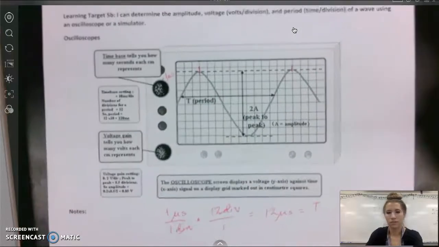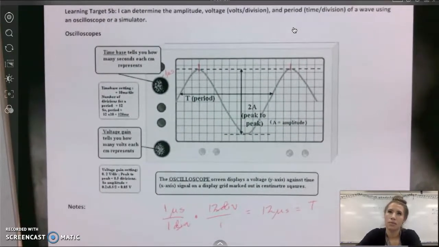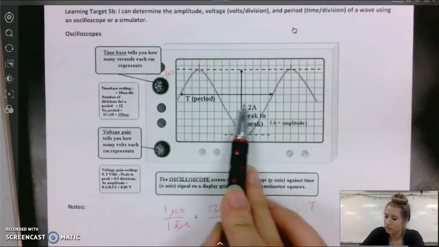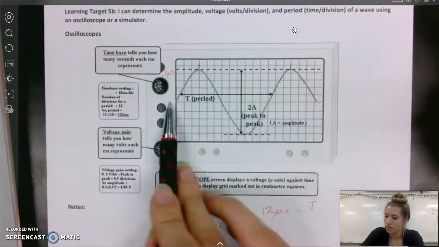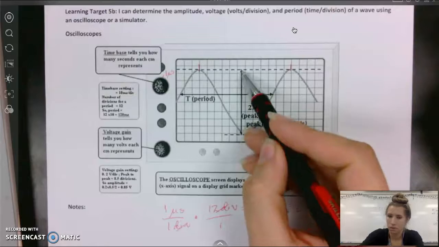And then from here, usually the question asks something like find the peak or find the peak to peak. So peak is just amplitude, right? So if we find the center line of our wave, it'd be the distance from the center up to the peak.